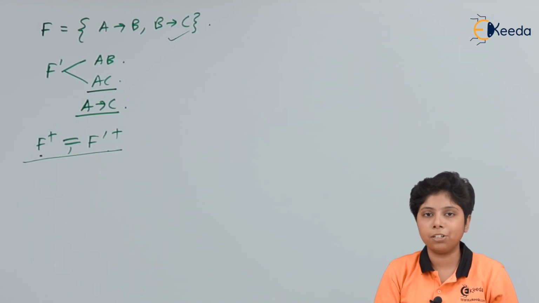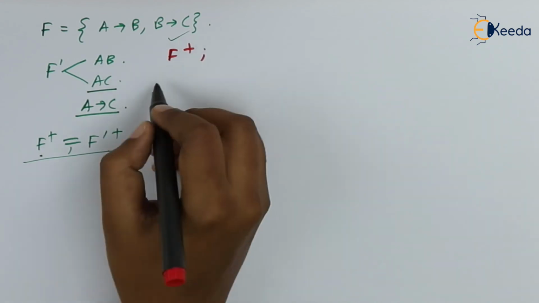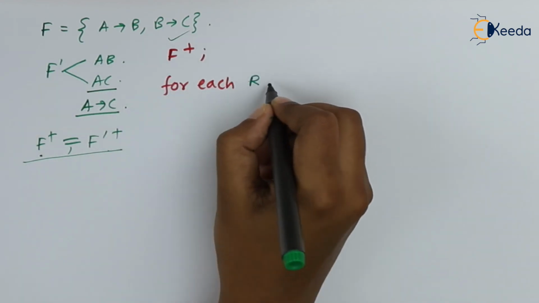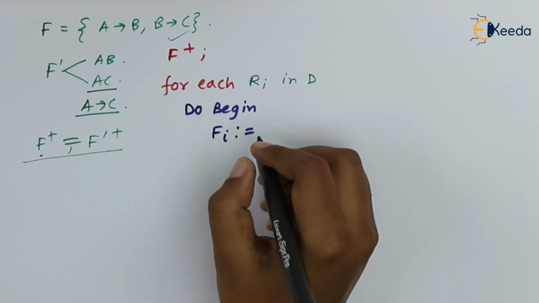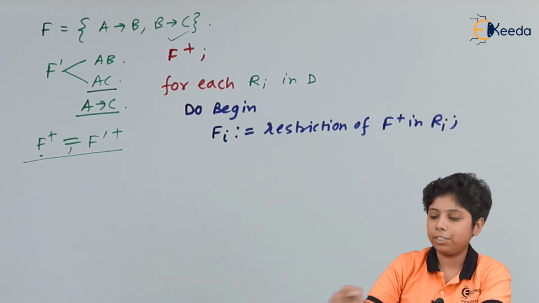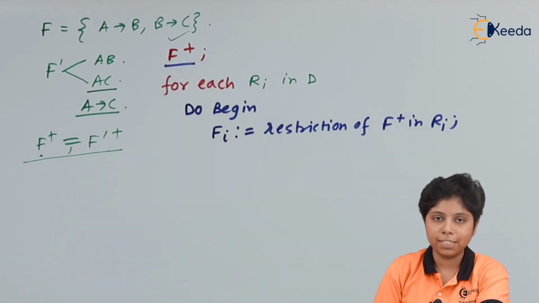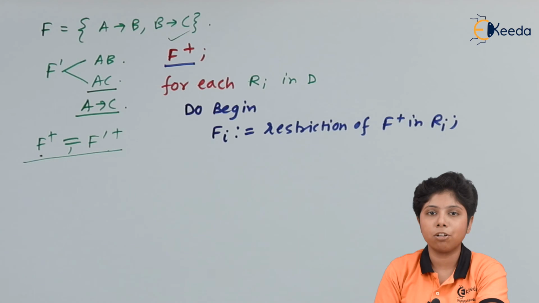Let us perform an algorithm to reach the dependency preservation in decomposition. First we need to compute the closure F plus, so that we have all the combinations of the dependencies in the closure, to check against the decomposed closure.